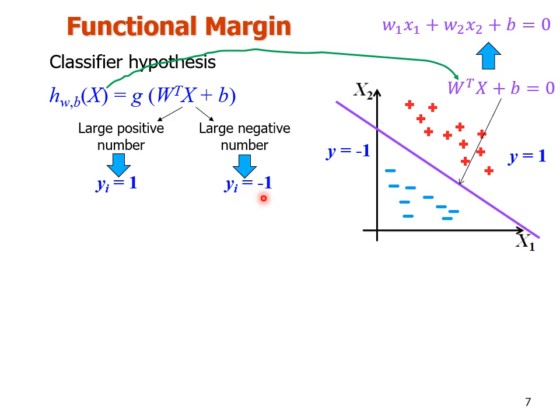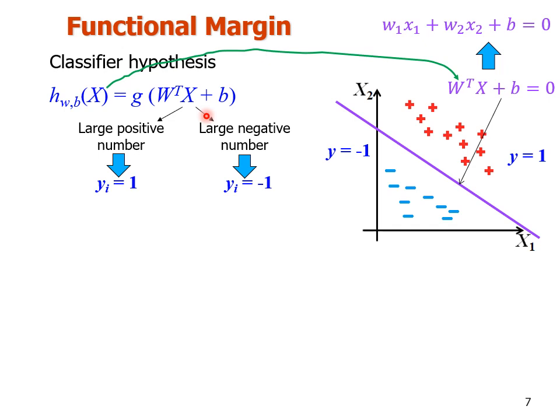Actually, we are choosing our hypothesis g, that is having the parameters w and b. So, while selecting this hypothesis g, what if we replace our w with 2w and b with 2b?